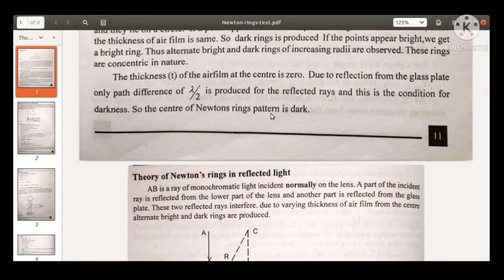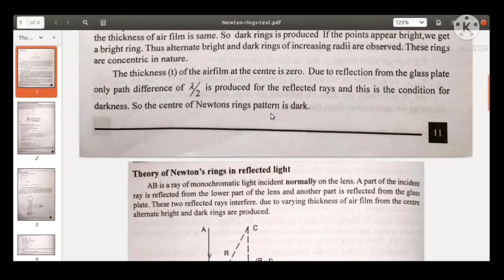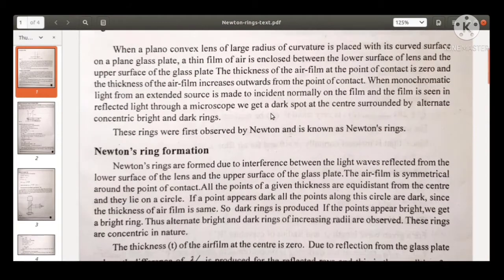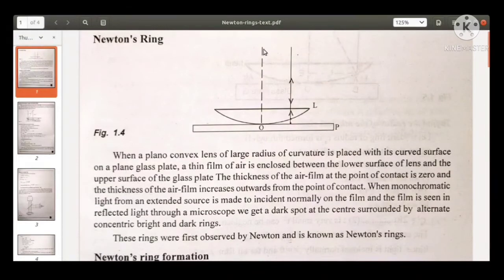So since the film thickness is 0, we have the reflection from the glass plate. Reflection from the glass plate means when the light falls on this central point, the reflection is taking place from this point.